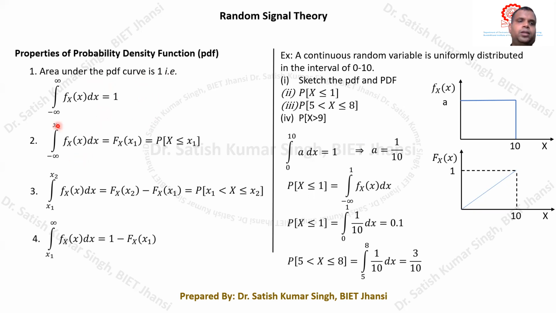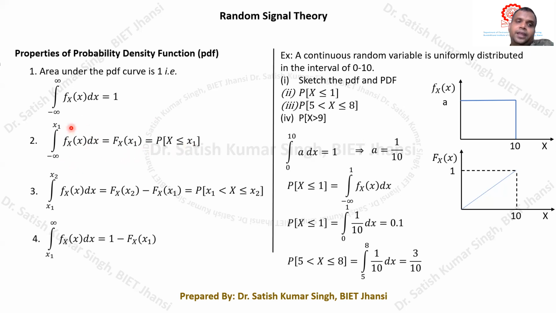Similarly, if we want to calculate the integration from minus infinity to x1 of f_X(x) dx, this is similar to calculating F_X(x1). Why? Because this represents the probability that the random variable x is less than or equal to x1.